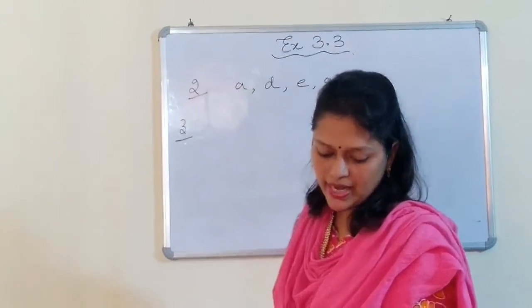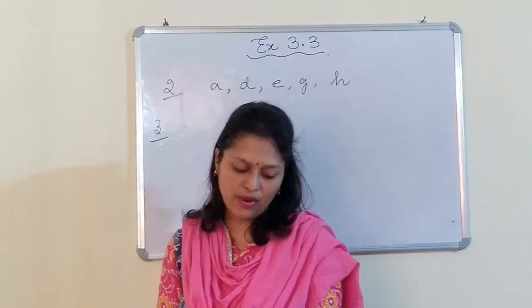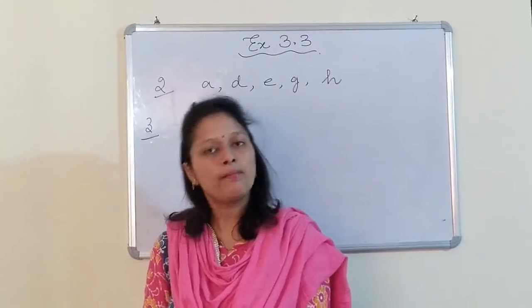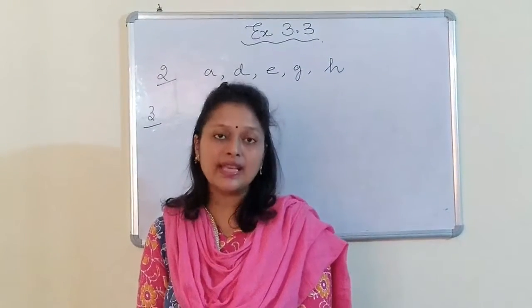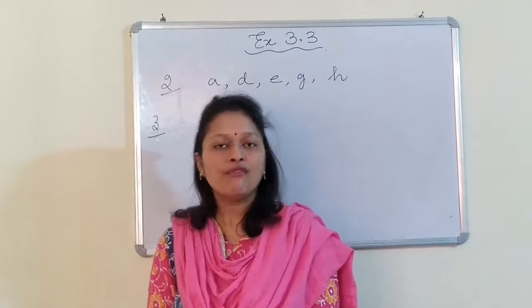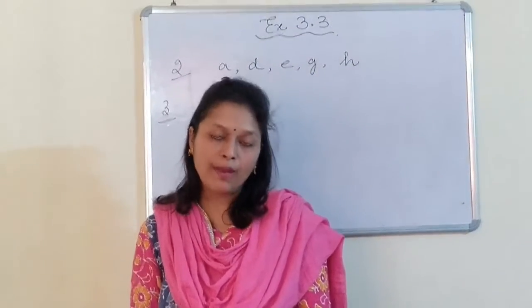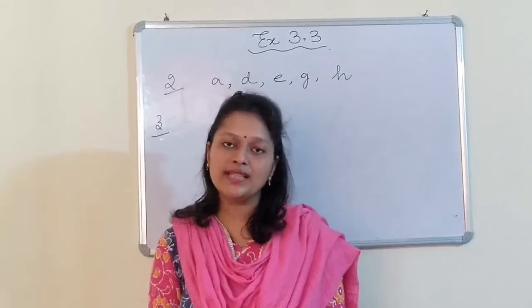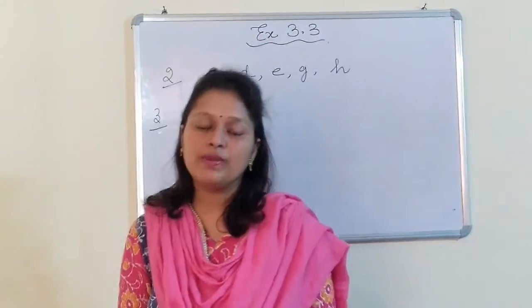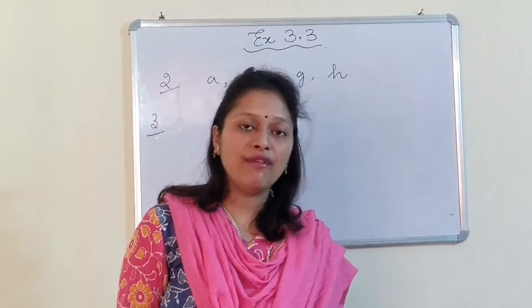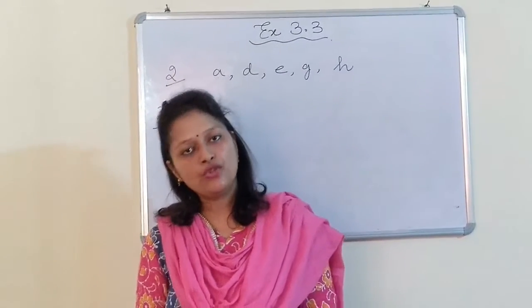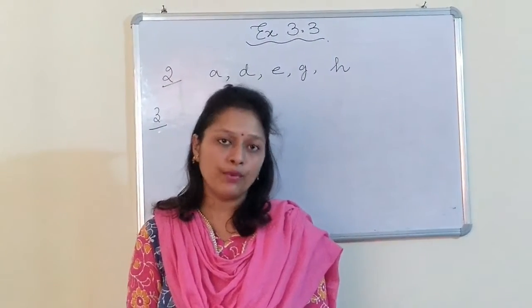Using divisibility test, determine which of the following numbers are divisible by 6. Now in this case, you need to find out whether the number is divisible by 6 or not. If you remember, what is the condition of 6? A number is said to be divisible by 6 if it is divisible by 2 and 3 both.